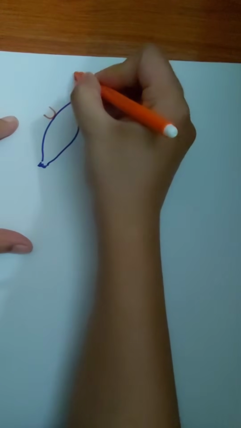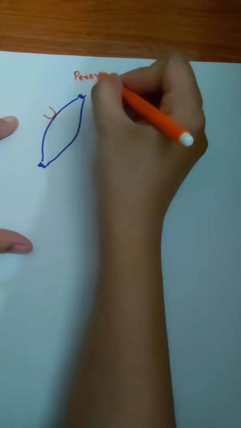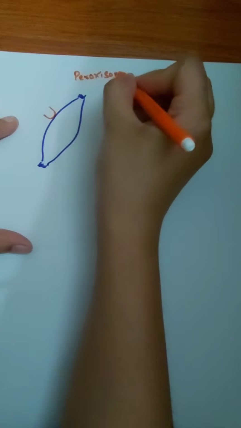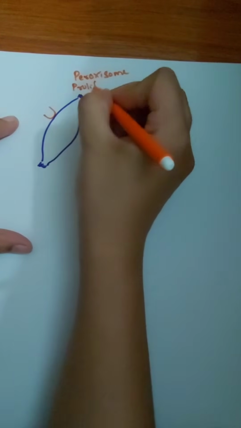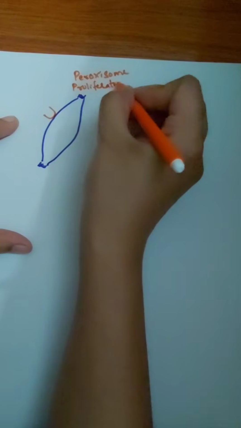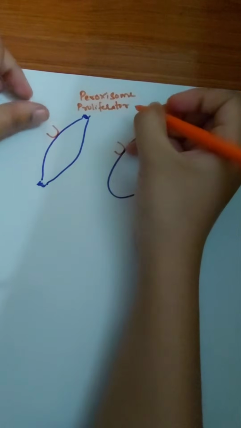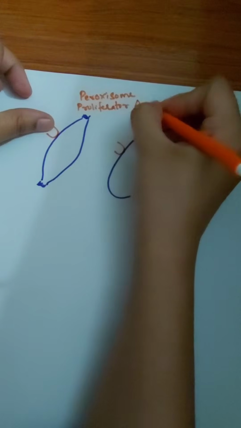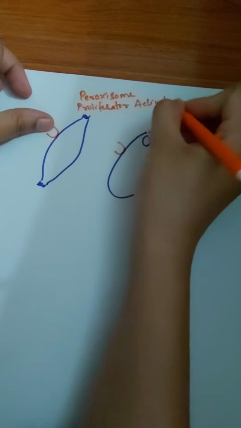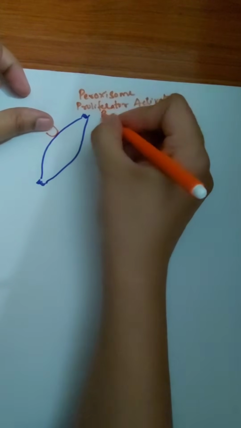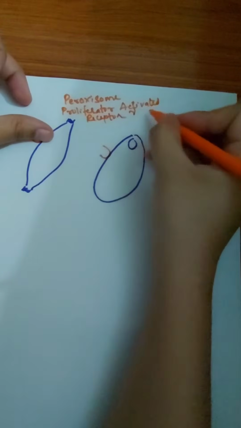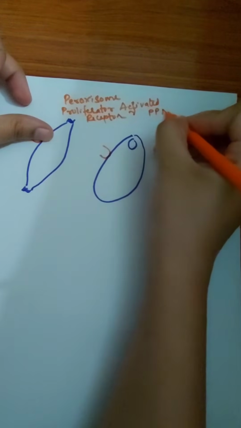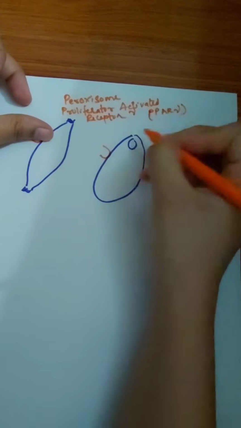Suppose this is a receptor, and the name of this receptor is peroxisome proliferator activated receptor gamma, abbreviated as PPAR gamma.